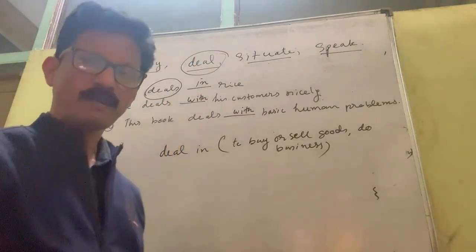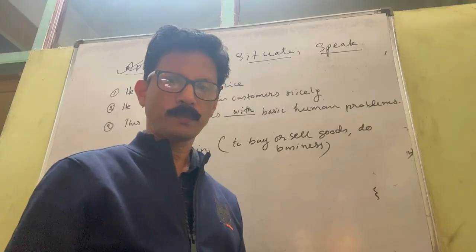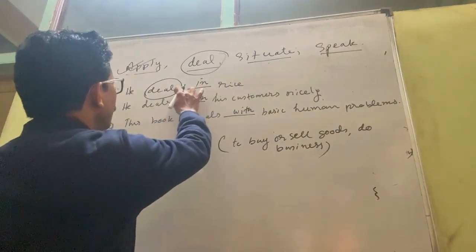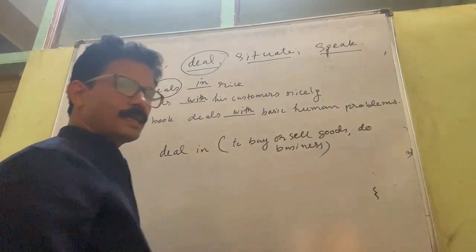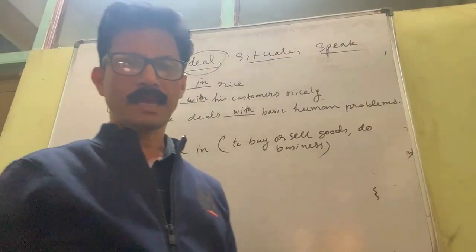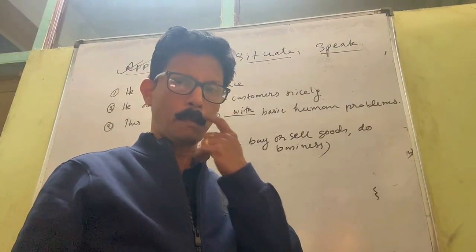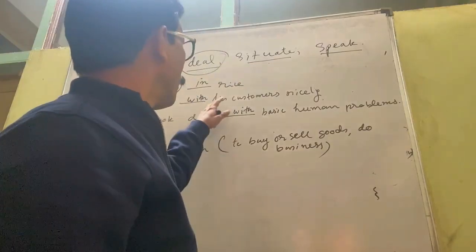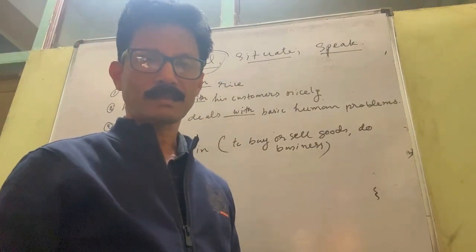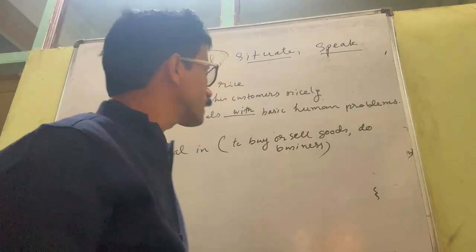So my father deals in ready-made goods. Here you see, he deals in rice. That means he does business in rice. He sells rice. A trade. His business is in rice.